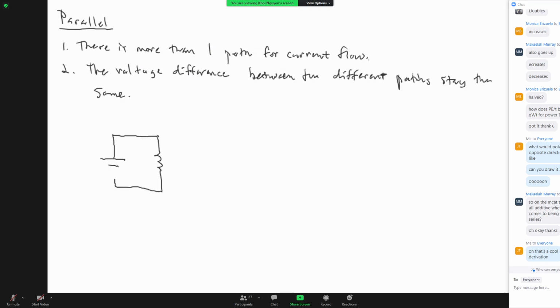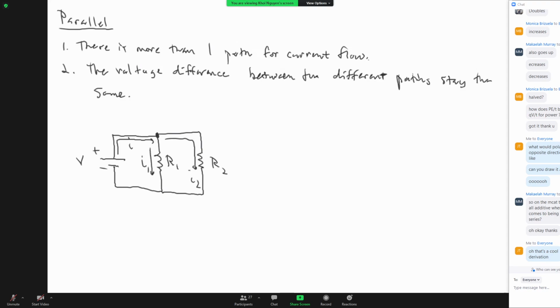Let's say we have multiple resistors in parallel. Call this R1, R2. Here's the voltage from our battery. So we know that current is going into a junction. So this is a junction. We'll call that I, and it splits into I1 and I2, respectively.